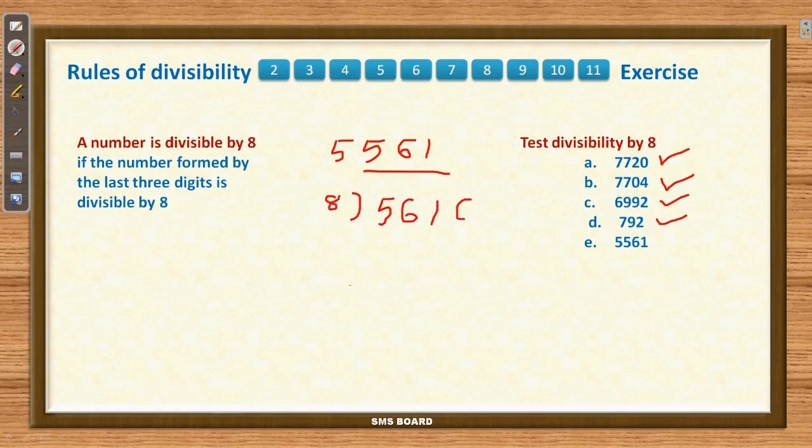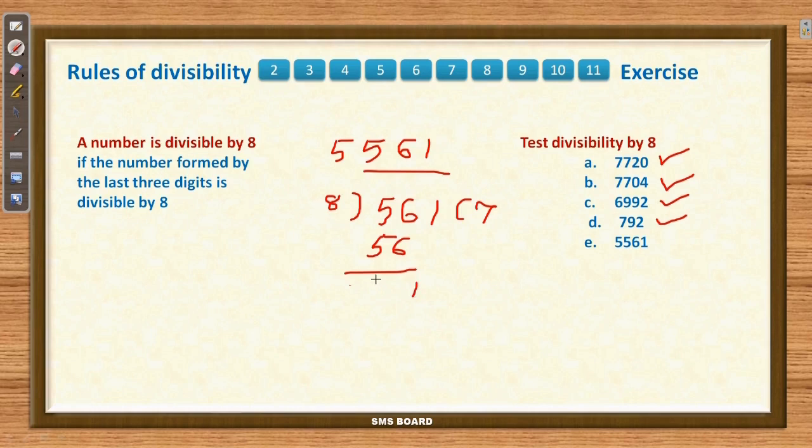We are testing 561. 5, not possible. 56, 7 times, so 7 times 8 is 56. The remainder is 0, so 1 comes down, so 1 is not divisible.